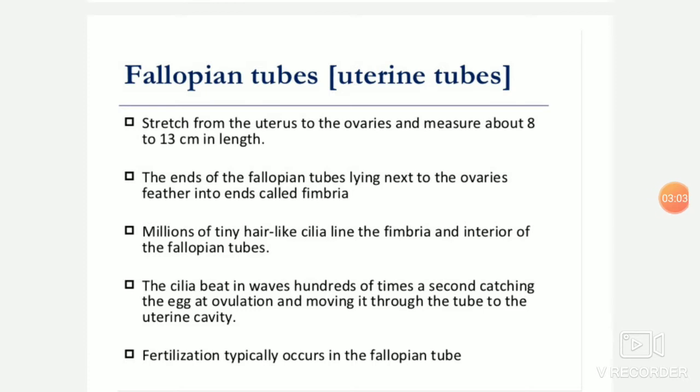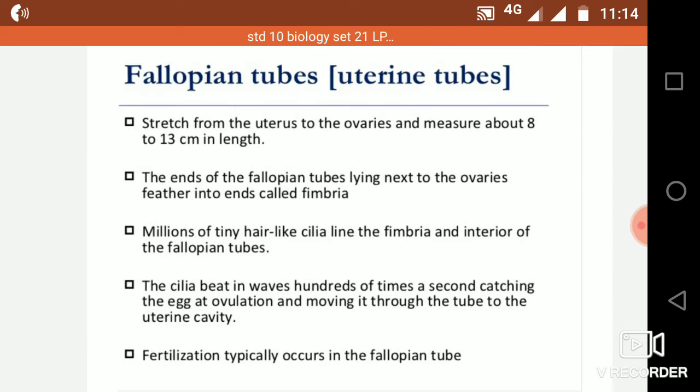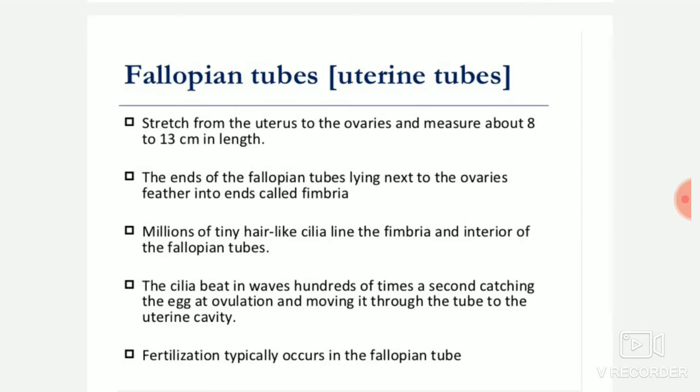In the previous one I showed you the fallopian tube. The fallopian tube stretches from the uterus to the ovary and measures about 8 to 13 centimeters in length. The end of the fallopian tube lies next to the ovary, feathered into ends called fimbria. That finger-like structure is where the ovum is received.